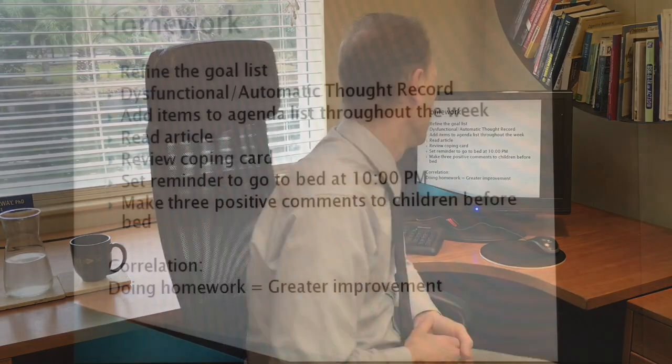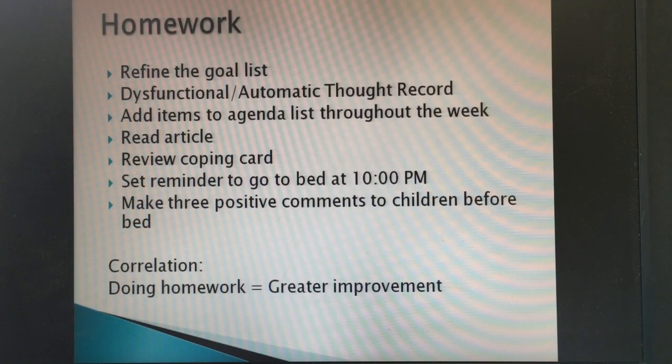So let's look at what some of the common homework assignments tend to be in CBT. The very first one is usually to refine the goal list. So I had talked about having that card that asks the patient if therapy's working, what would change or be different, and we'll work on it in session, and then they'll take it with them, and during the week they can think about situations that come up that might remind them of other goals that they'd like to work on in therapy.